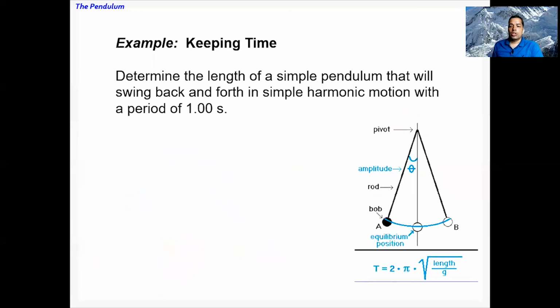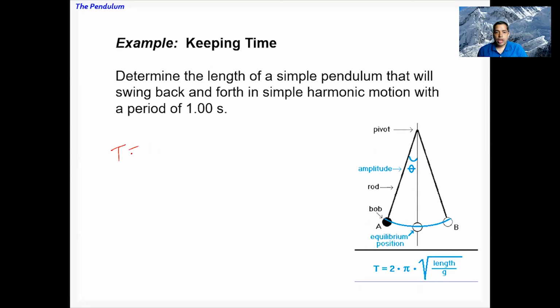Determine the length of a simple pendulum that will swing back and forth in simple harmonic motion with a period of 1 second. In the case of a simple pendulum, the time period is given by 2 pi square root of L over g. If you square both sides, what you get is T squared on the left and 4 pi squared L over g.